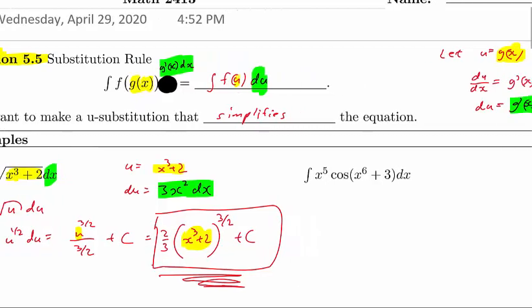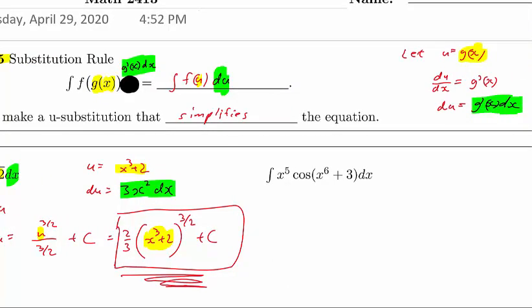Okay, so let's come on over to this next one. What could possibly simplify this but the expression that is inside the cosine function? So let's highlight that so we have an idea of what we're working with. And we're going to let u equal that expression that we've highlighted. Awesome.